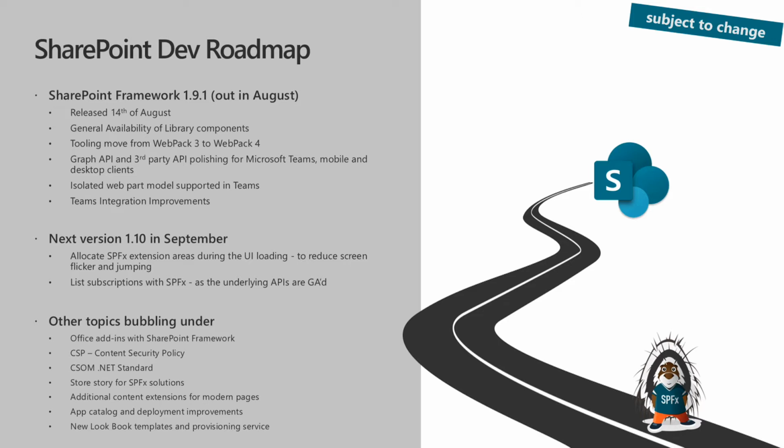In 1.10, we're looking into getting a really important capability, which is allocating SharePoint Framework extension areas during the UI loading. That means that if you are using a header or a footer, or in future other elements in the UI, they're not jumping or moving the UI after or as part of the loading.